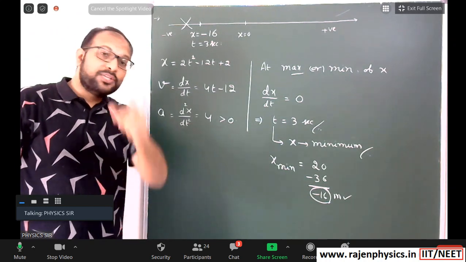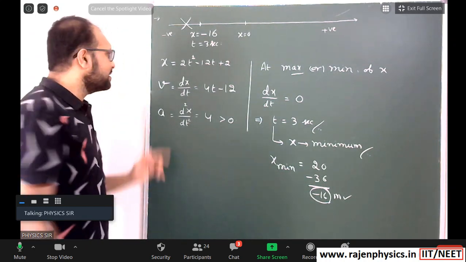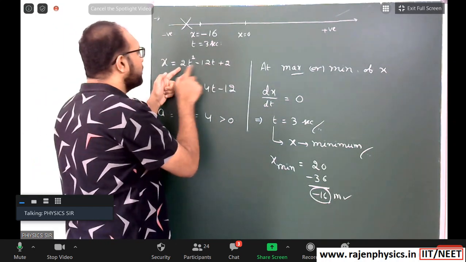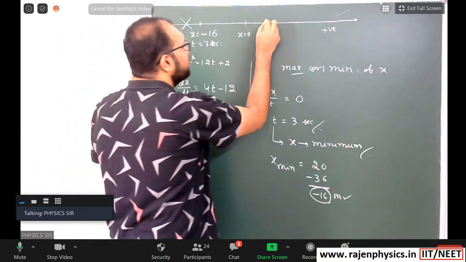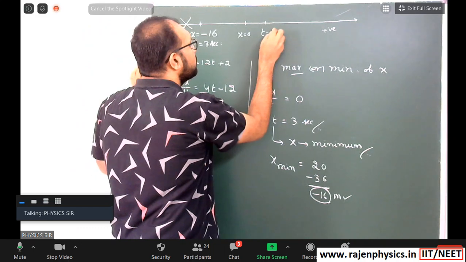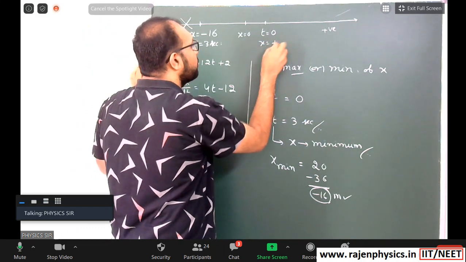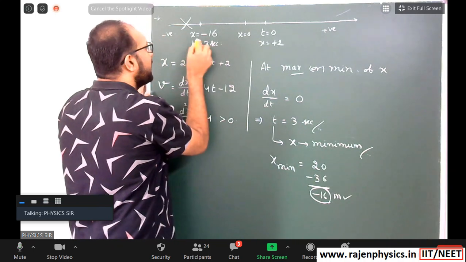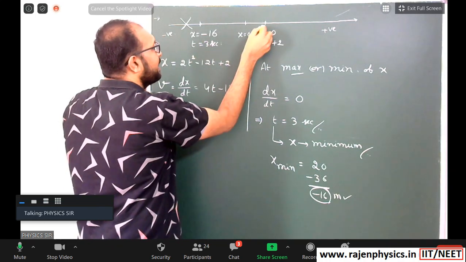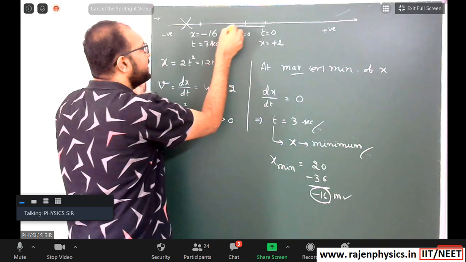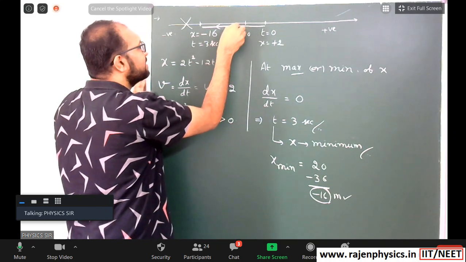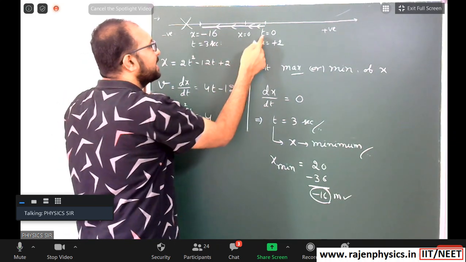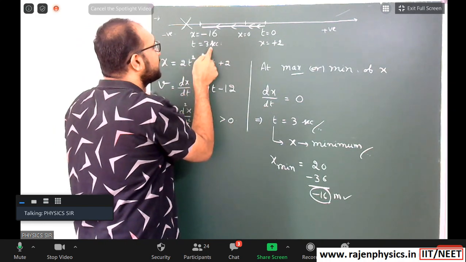Now by using physics you can analyze this. What is the analysis? At t equal to 0, x equal to plus 2. From t equal to 0 to t equal to 3 seconds, the particle is moving in this direction.